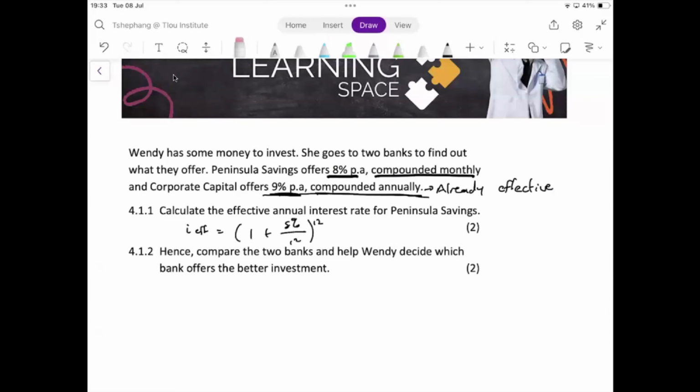Then from there, it's just calculator work to calculate the effective interest rate. I hope that makes sense to you guys. I effective gives you how much? 8.3%.